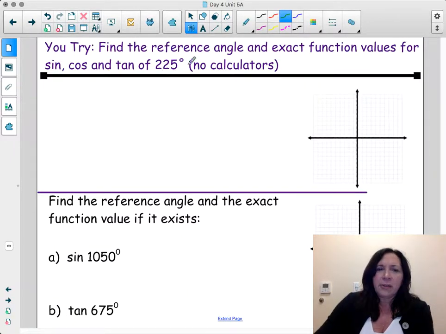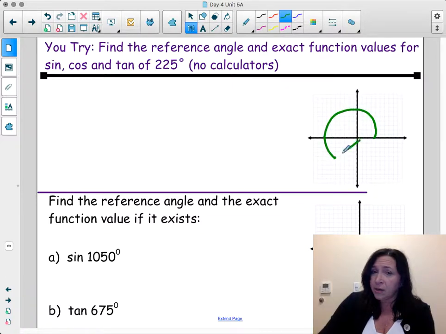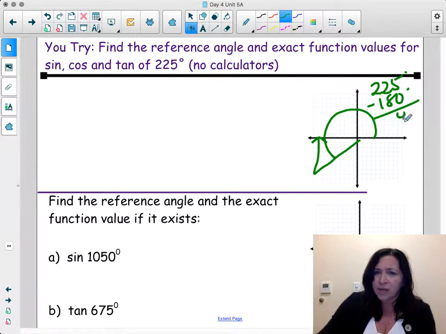Try to find the reference angle and exact function values for 225. So 225 is past 90, past 180, down here. So we're at 225 degrees. 225 degrees minus 180 degrees is going to give me 45 degrees. So now I'm down here at 45, which is 1, 1, square root of 2.